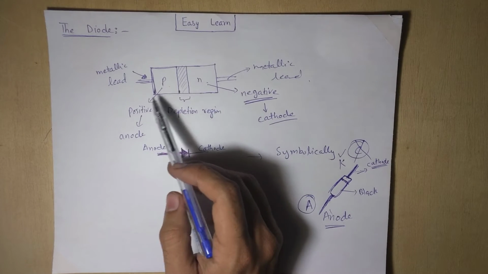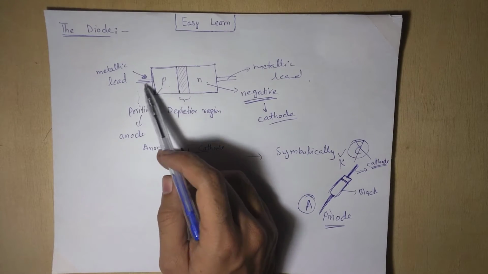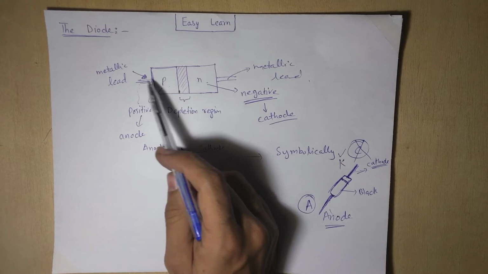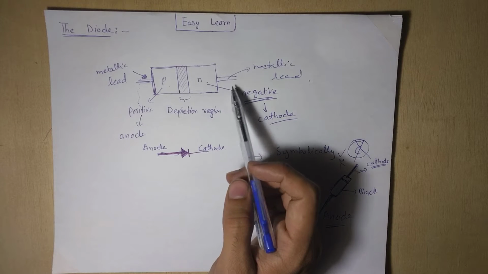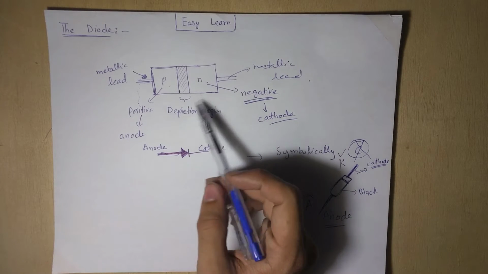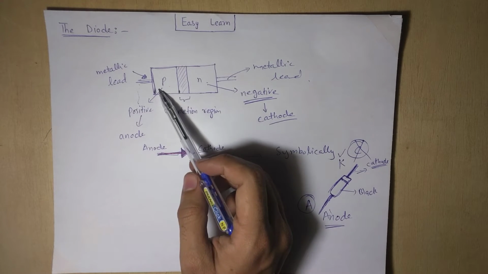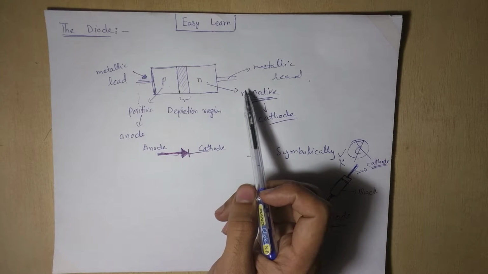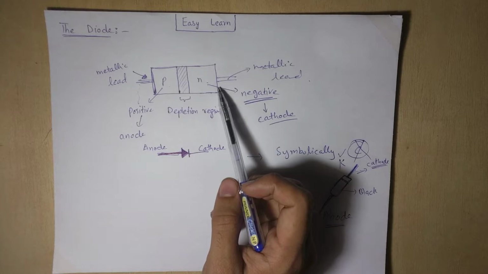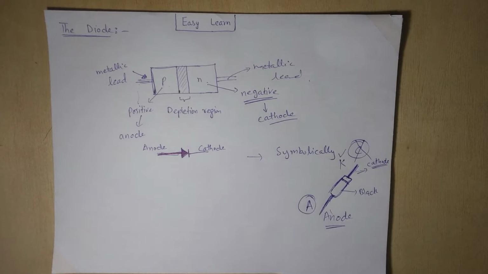For example, I connect the positive terminal with the P type lead, and the negative terminal with the N region, or this metallic lead. Another option is to connect the negative lead to this side and the positive terminal of the battery to the other side. There are two options available, so I will discuss both in detail.